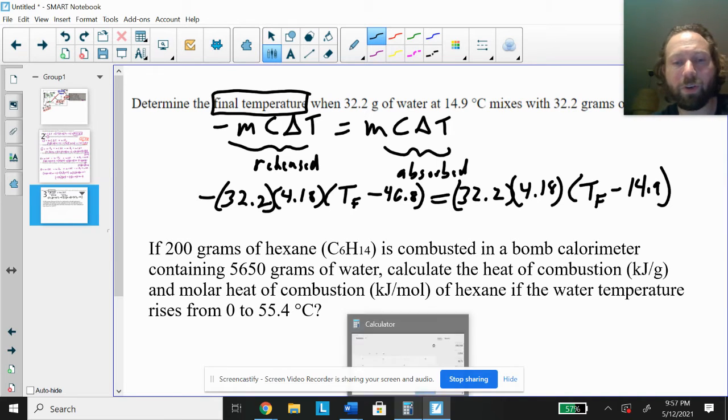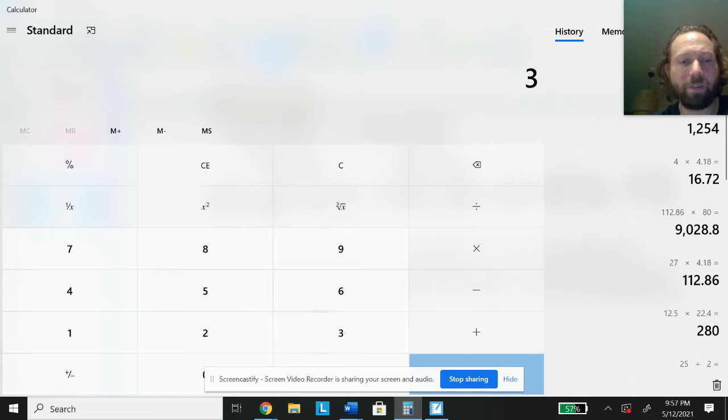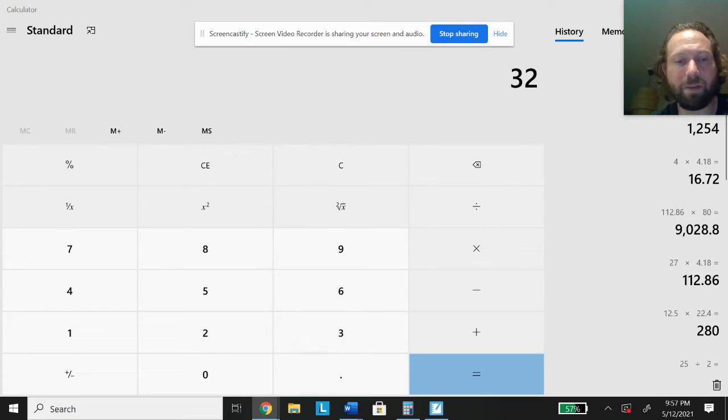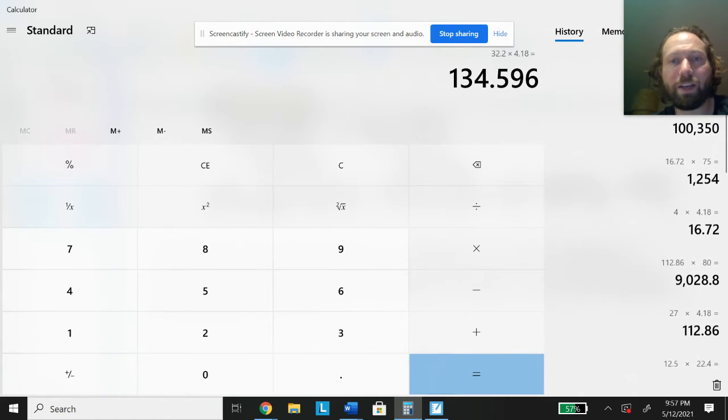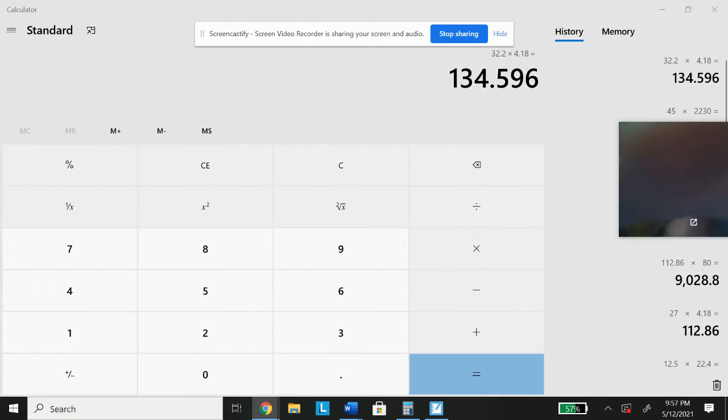To do so, we're going to take the value of the mass and multiply 32.2 times 4.18. We're going to get 134.6.